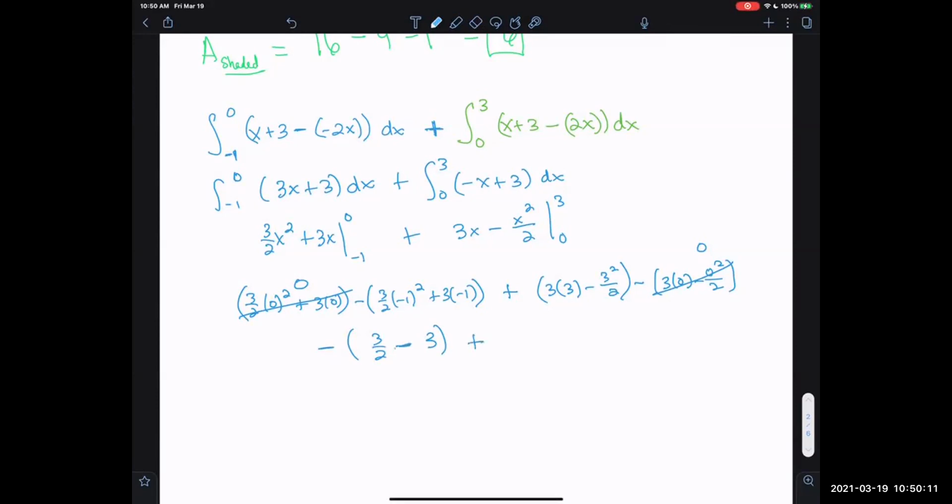And we're going to add that to, this is 9 minus 9/2. Okay, 3/2 minus 6/2 would give me negative 3/2, opposite of that. And then 9 is 18/2 minus 9 is 9/2. So basically what I have is positive 3/2 plus 9/2, which is 12/2, which is 6.